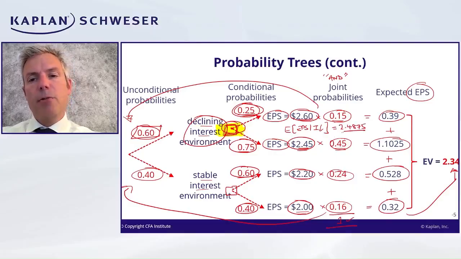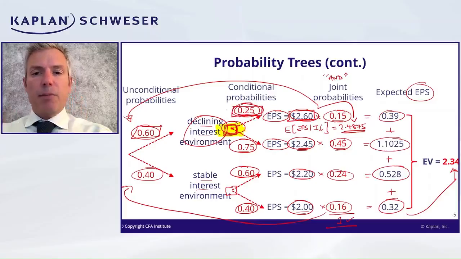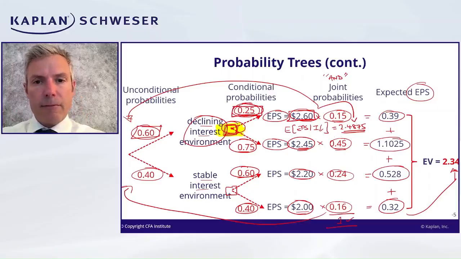You're going to take this 2.60, see how far it is away from 2.4875 and square it, and then multiply by this probability. That's probability weighted squared deviation from my conditional expectation.